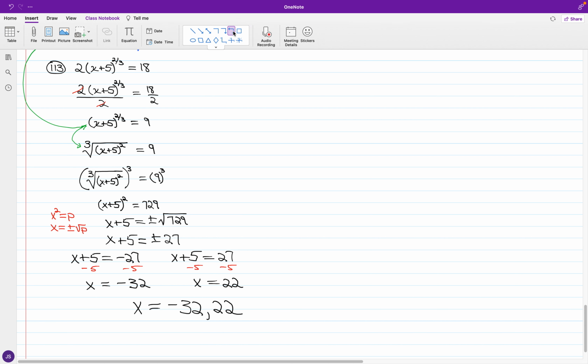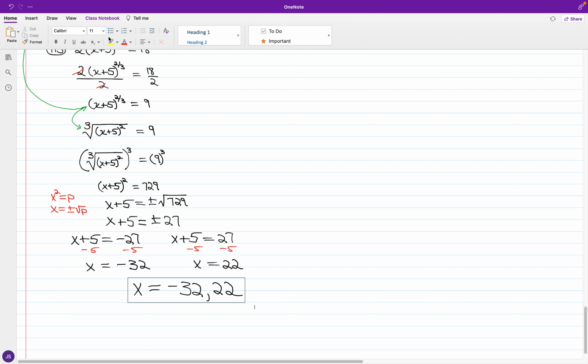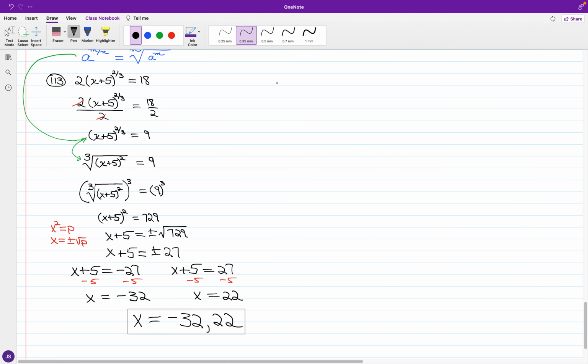And for the next item, you still have the same exponent, and it's number 114. This time we have 3 times the quantity of x minus 6 to the 2/3 equal to 48.